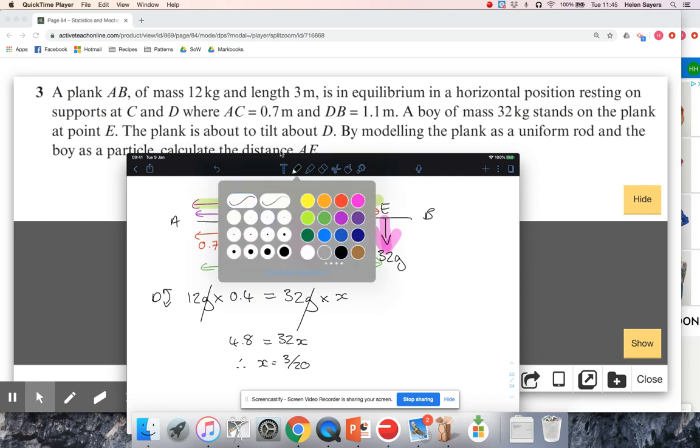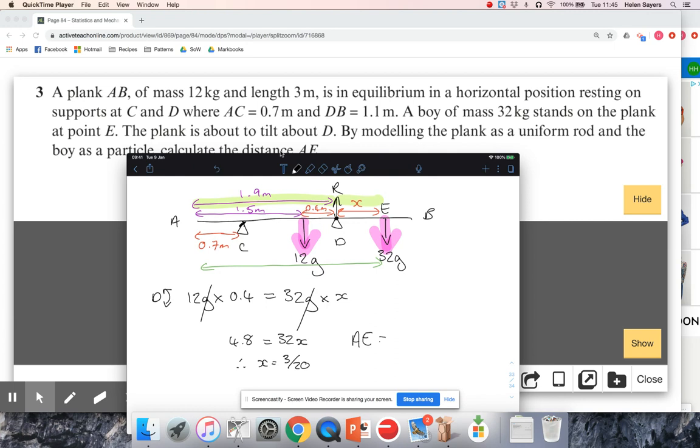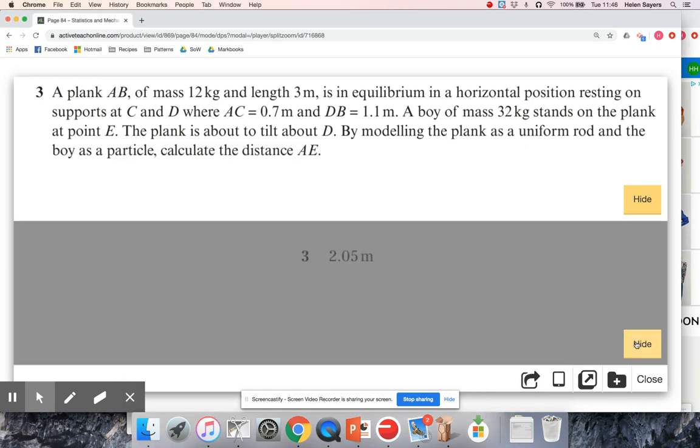So AE is 1.9 plus 3 over 20, so 2.05 meters. That seems okay because that was 1.9, so it had to be more. Seems okay in terms of the question. Let's just double check. Lovely.